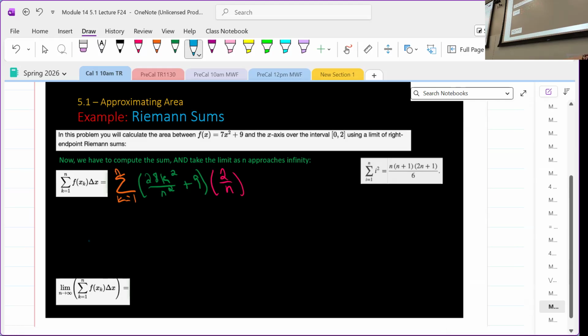Now, before we work out the limit, we're actually supposed to use one of our fancy formulas to get the sigma to go away.